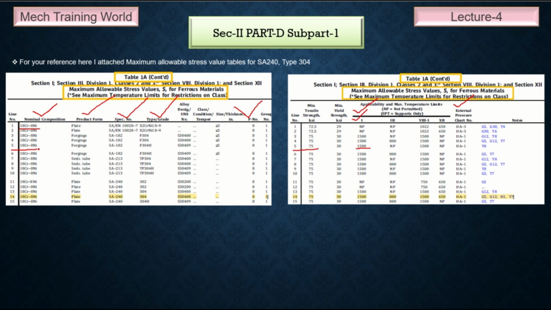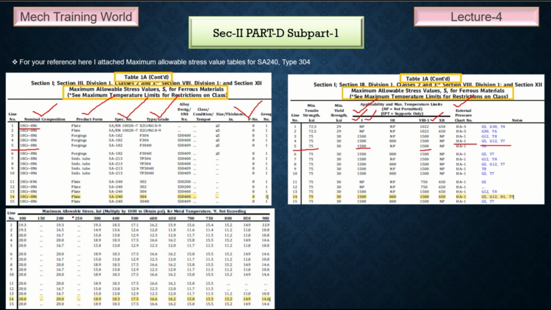So you can see here 18 chromium nickel material has 75 minimum tensile strength and 30 minimum yield strength. It is applicable for 1500 degrees Celsius for section 1. If you take section 8 division 1, it is applicable for 1500 degrees Fahrenheit. So everything is in Fahrenheit only, guys. And you will find external pressure chart like HA1. So like this you will find. And you will find some general information in notes also. You can check that one.